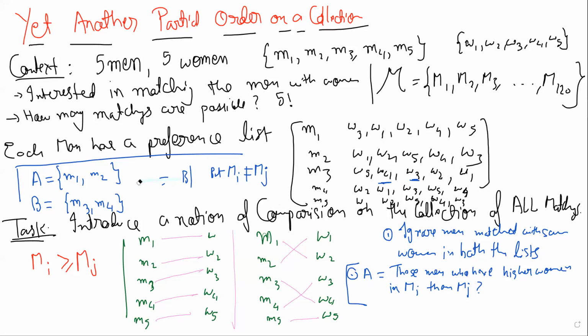Oh, okay. So you will say that, no, but that might work actually. So Mi is bigger than or equal to Mj if weight of A is bigger than or equal to weight of B.